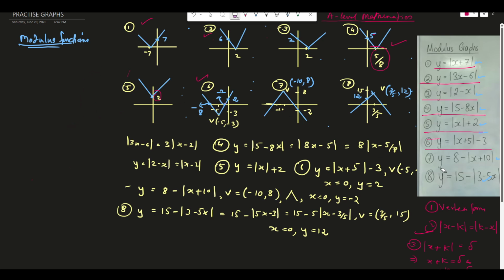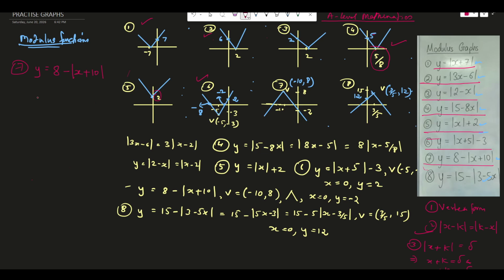And the 7th one is this one: y is equal to 8 minus modulus of x plus 10. Now here you have to be a little careful.